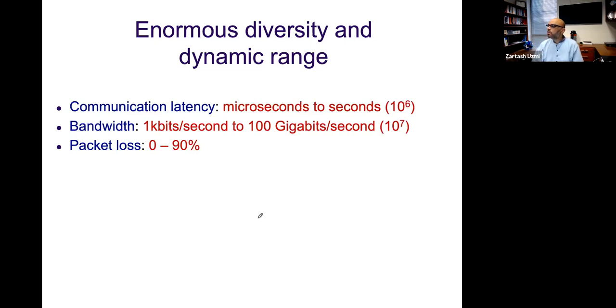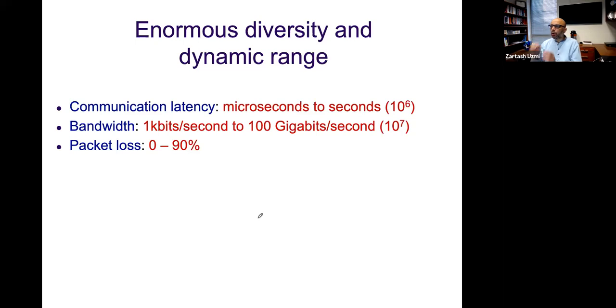So somebody has a question. Can you define bandwidth? We will have a precise definition of bandwidth, but bandwidth really means how much data can you push in a given time? So when we say 1 kilobit per second, that means in 1 second, I can push 1 kilobit of data, which means 1000 bits of data.